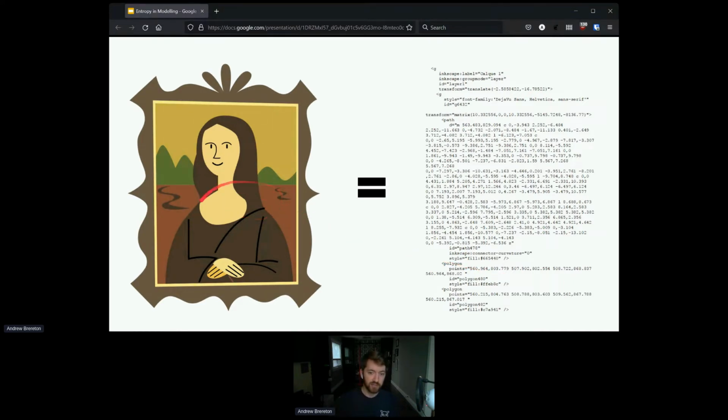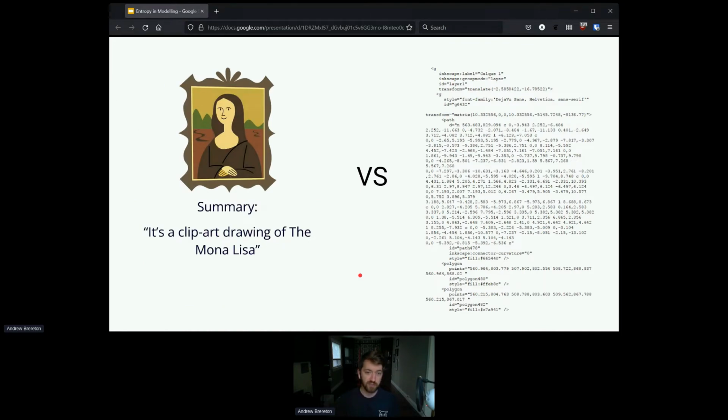Whereas when we look at this, we immediately can come up with a host of high entropy summary states that essentially define what it is and allow us to communicate about it, talk to each other about it, model it. So here, for example, we can summarize this by saying this is a clip art drawing of the Mona Lisa.